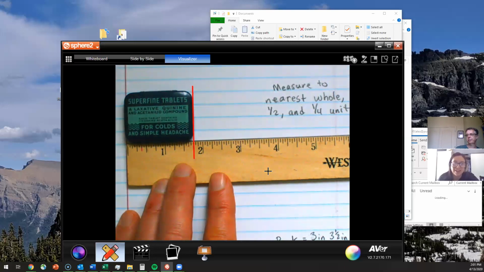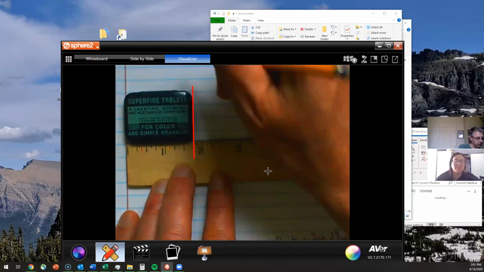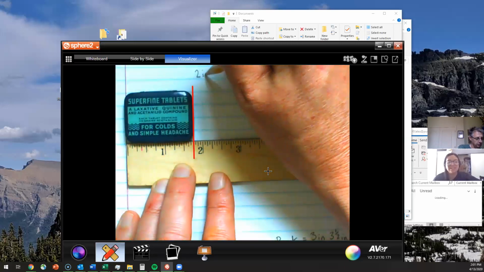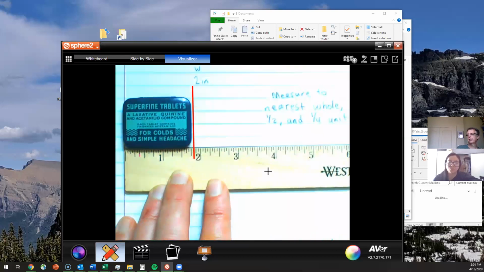Yep, just like so. That was almost perfect. Looking at it, our nearest whole number would probably be 2 because it's just slightly a little bit bigger. If we did it to 1, it would not even be 3/4 of it, and 3 is just way too large.